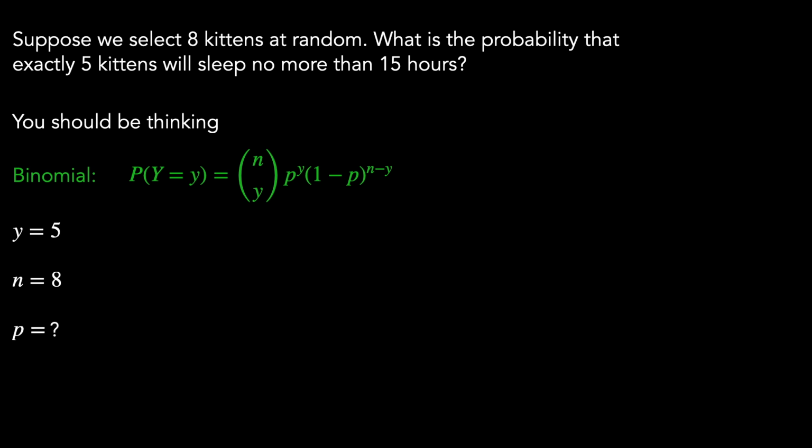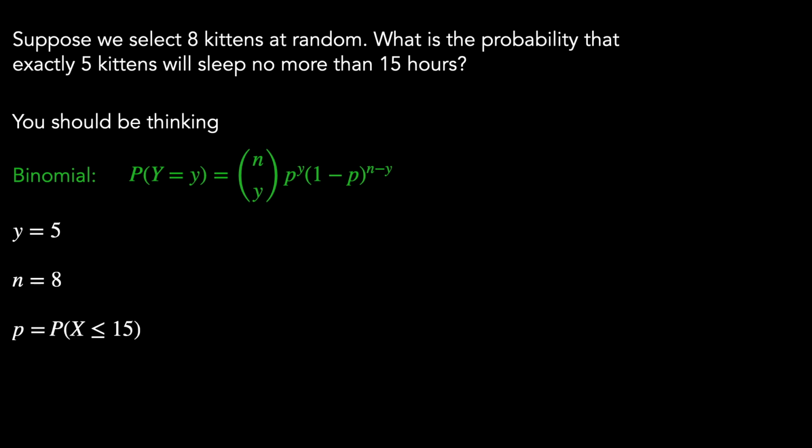So how do we figure out p? Well, p, like I said, is the probability that they will sleep no more than 15 hours. The no more than 15 hours is from our normal distribution, because that gives us the probability of being more or less than a certain number of hours.